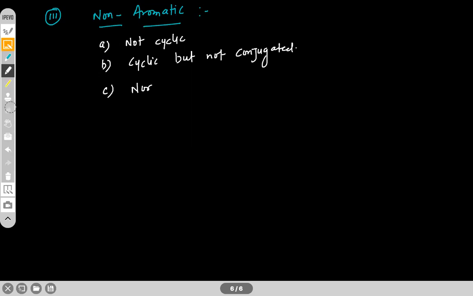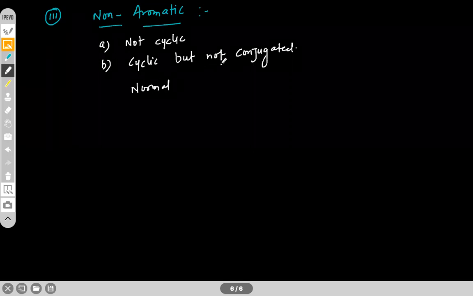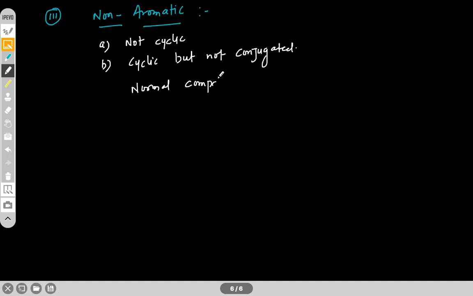This is not the condition actually. These are normal compounds that we have. In terms of stability, we are talking about. Stability is not great, not that high and not that low.